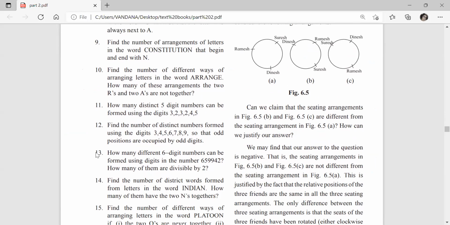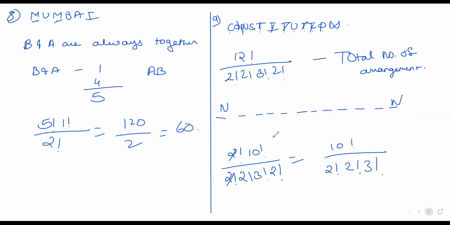How many distinct 5-digit numbers can be formed using the digits 323245? Distinct 5-digit numbers with 323245. 5-digit or 6-digit?